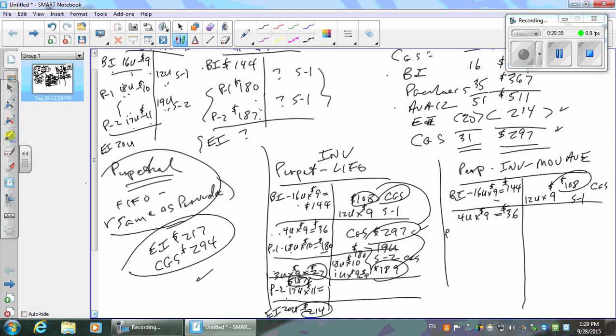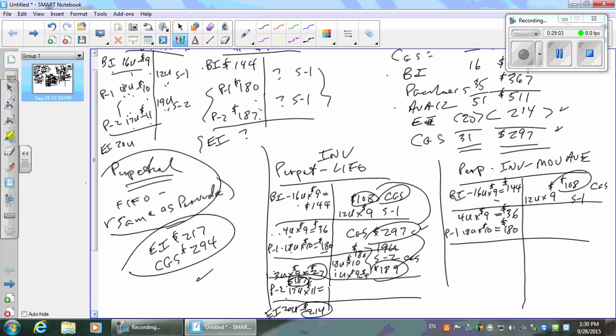Here's purchase 1. How many units did we buy? 18 units at $10. How much is that? 180. Now we're going to do a new average. By the way, I could have more than one purchase in a row and more than one sale in a row, couldn't I? Who cares. The averages stay the same if you don't have a purchase.